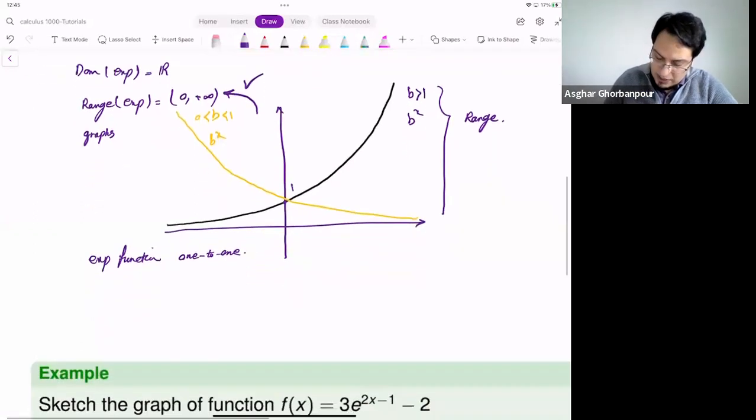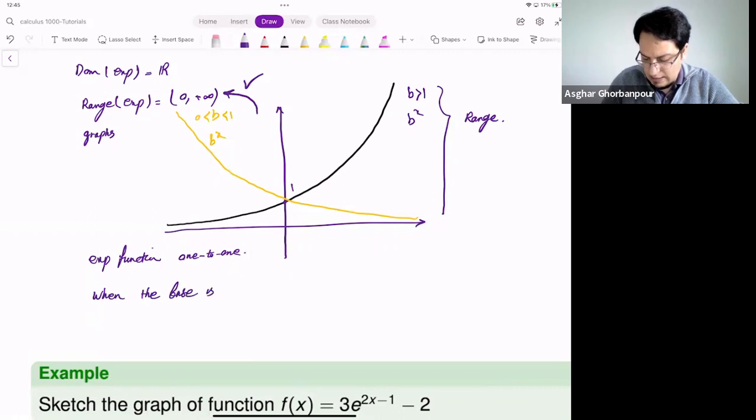And there is one special case, when the base is e, then we call this function x sends to e to the power x the natural exponential function. What is e?